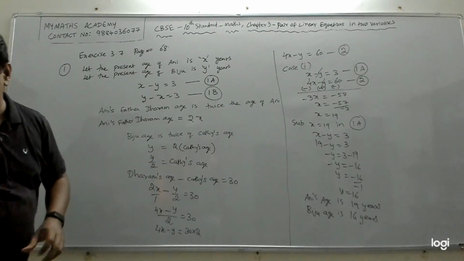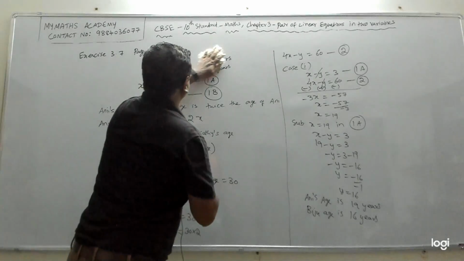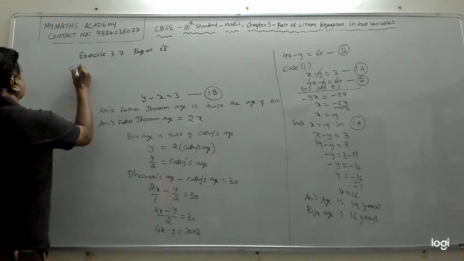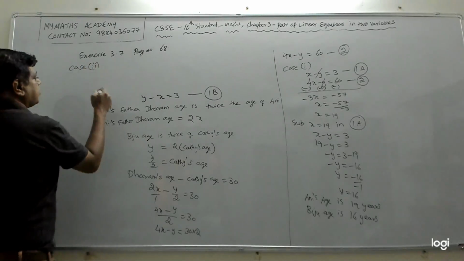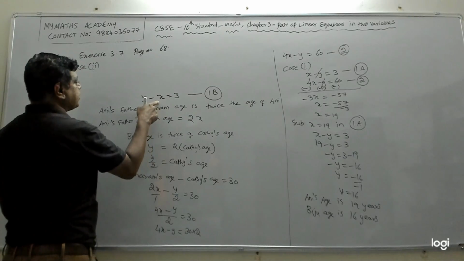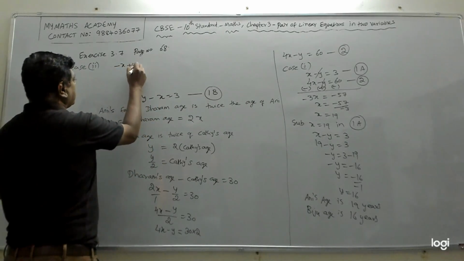Right? So let me go to the case 2. Let me erase this. So we go to case 2. Case 2 is we will take this equation, which is y minus x is equal to 3. But I will write this as, we will always write x first. So I will put minus x plus y equal to 3.